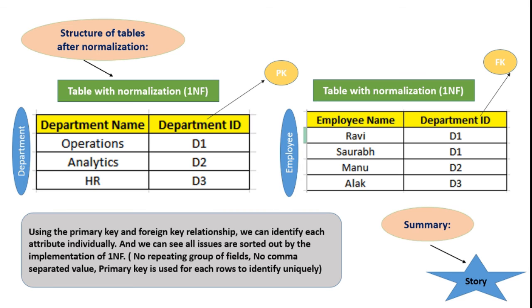So these are the things I have listed and summarized for the first normal form. In the next video we are going to see the second normal form and the third normal form, their problems, issues, and how we are going to sort them out, with examples.